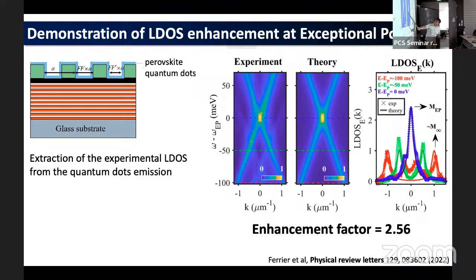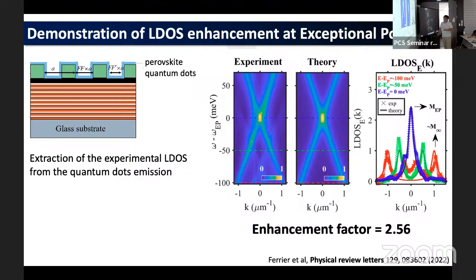From this, you can see that when you are far from the degeneracy, these two signals, for example the green and the red, have about 1, and at the exceptional point, we go to 2.56. So it is bigger than 2, and the error bar is big enough to be sure that we really have the enhancement at the exceptional point.